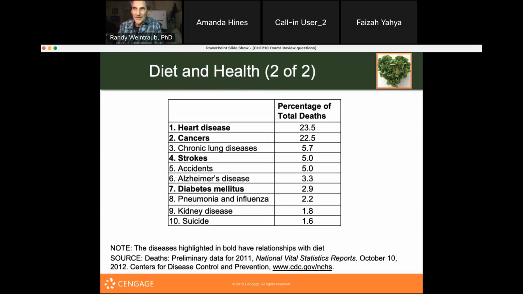Here's showing the top 10 causes of death, or percentage of deaths recorded up until 2011. You see heart disease, cancer, stroke, and diabetes in the top 10. All these have relationships with eating patterns.